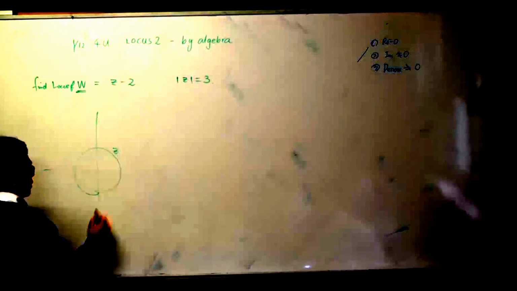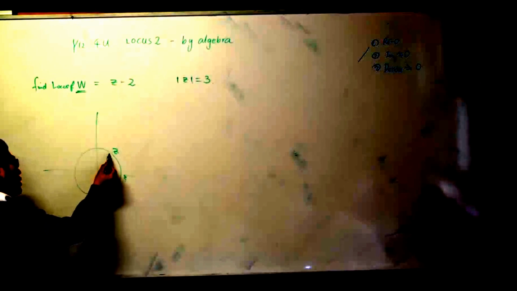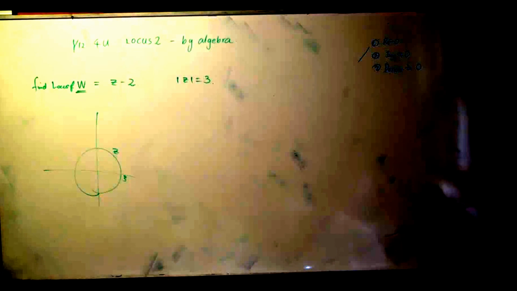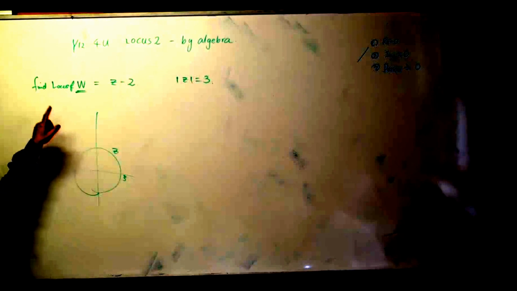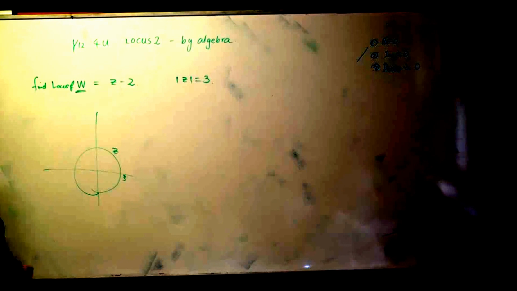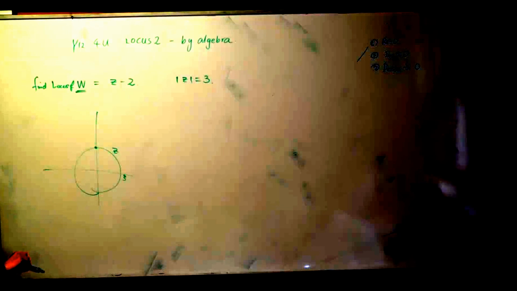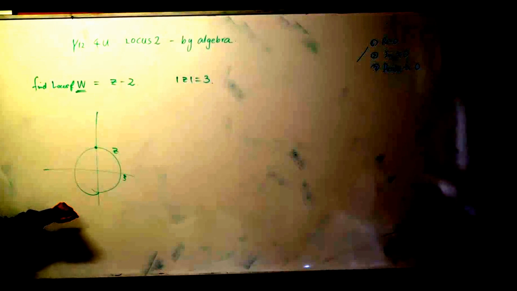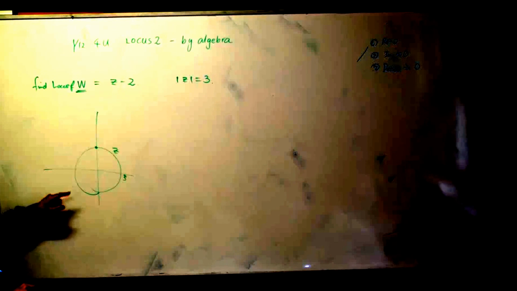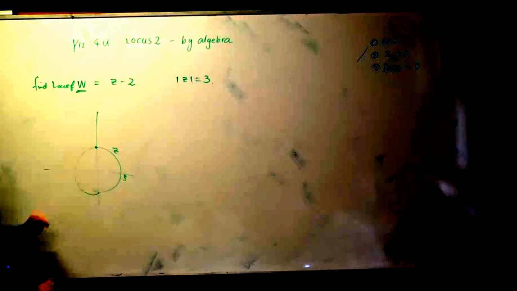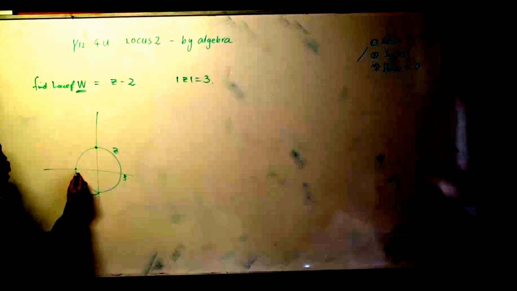So Z is this, that's Z, isn't it? If Z is moving around, where will be the corresponding W point, which is Z minus 2? If Z is here, where is the corresponding W? What about Z here, say it's minus 3?